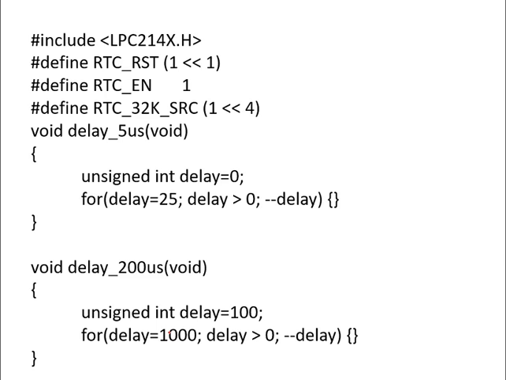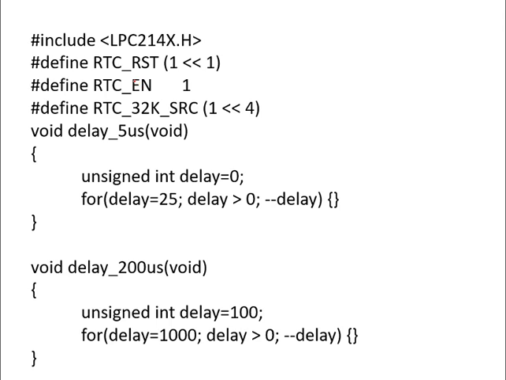So now we are starting with the program for the RTC. I have taken one standard program from the kit which is available. I'm just giving you a glance of what types of delays are generated there. You can use one common delay also, it is not necessary to follow this, but this is just for your information. Different delays are given there.